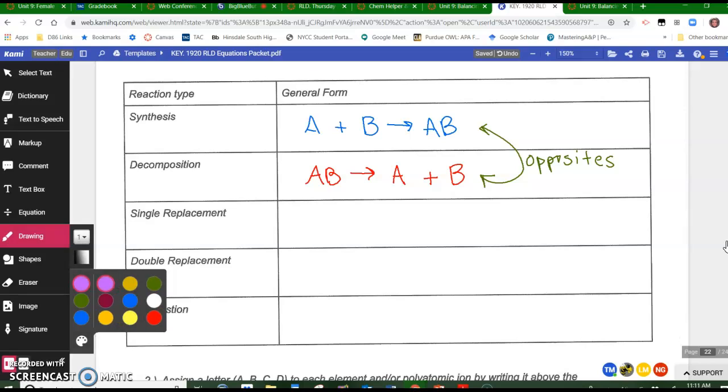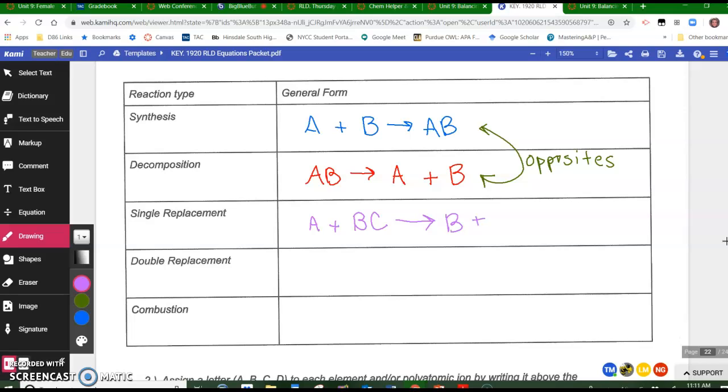All right, our next one is single replacement. And with single replacement, one thing replaces one other element in the reaction. So with a single replacement reaction, we have A plus BC yields B plus AC.